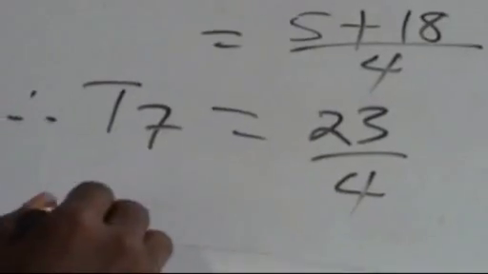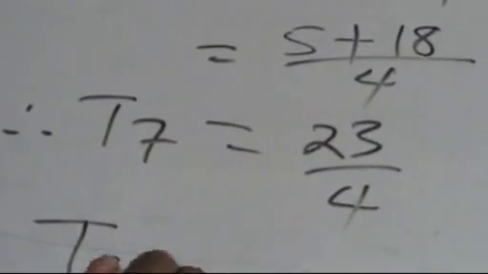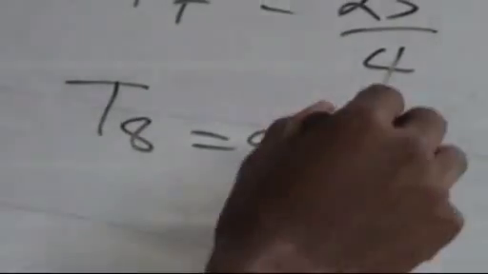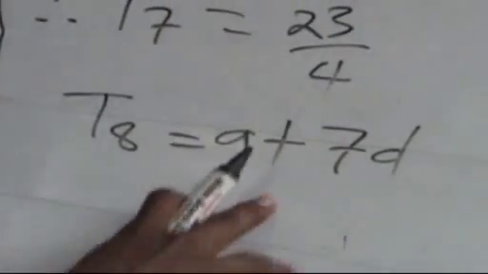Then the final one, T8, is equal to A plus 7D. Still using the formula Tn equals A plus (n minus 1) multiplied by D, where n is 8. 8 minus 1 is 7, so 7 times D. That's all we have there.